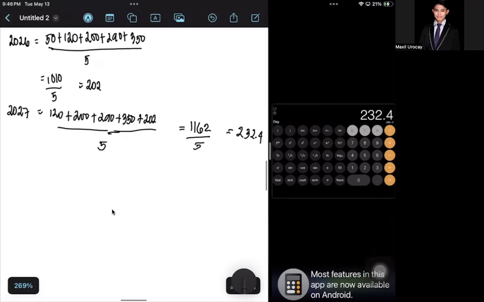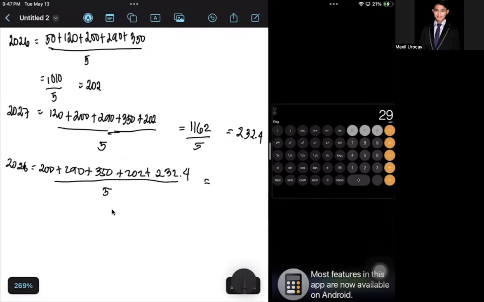What about for 2028? So that is 200 plus 290 plus 350 plus 202 plus 232.4 divided by 5.